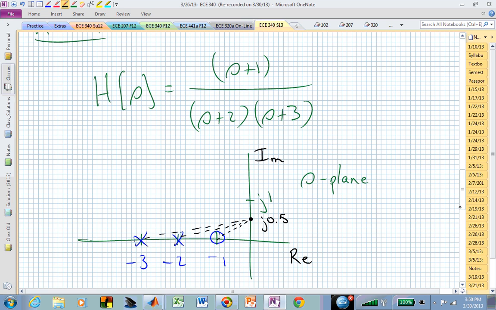We can also find the angles that those poles and zeros make or produce at that particular frequency of j 0.5. We can take the angles of our zeros, which in this case is 1 angle, and we can subtract all of our pole angles, and that will now give us the phase, or the angle, of our system H, capital H, at j 0.5.